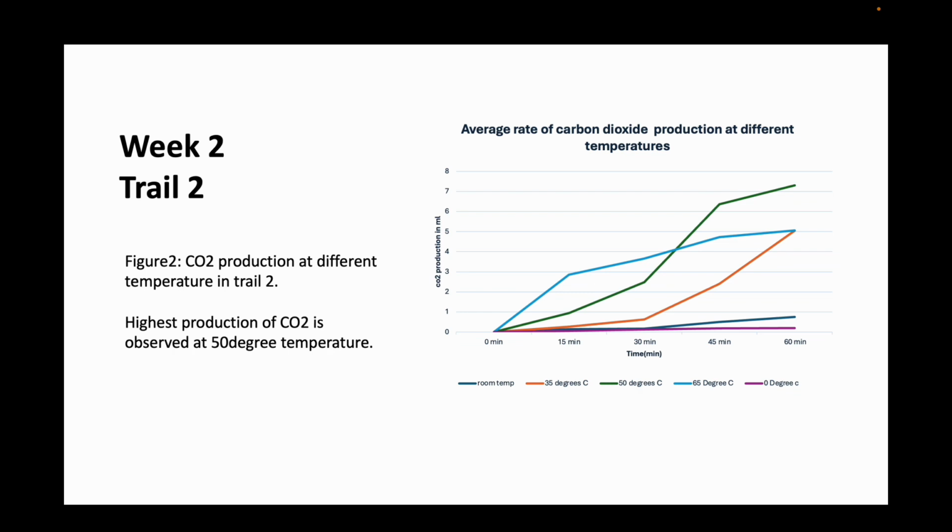Moreover, the results at room temperature and 0 degrees Celsius were the same as in week 1, trial 1. There was no production of CO2 at the 0-degree temperature, and there is very little production of CO2 at room temperature, which means that for yeast fermentation these temperatures are not sufficient.